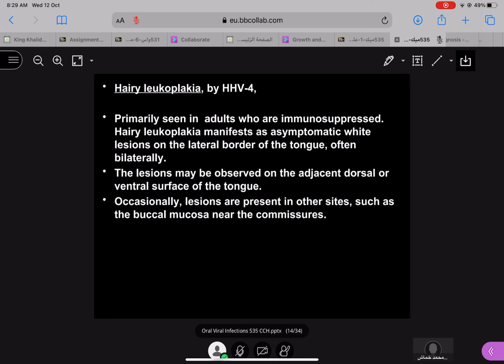The lesions may be observed on the adjacent ventral surface of the tongue. Occasionally, lesions are present in other sites, such as the buccal mucosa and commissures.